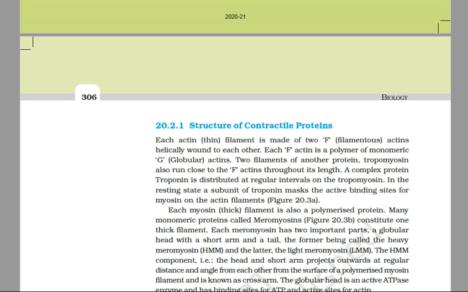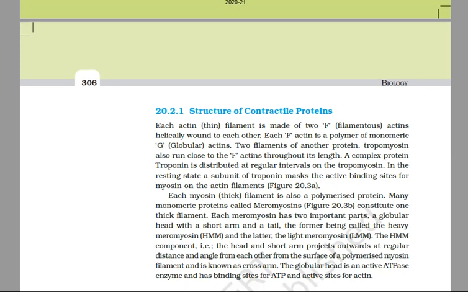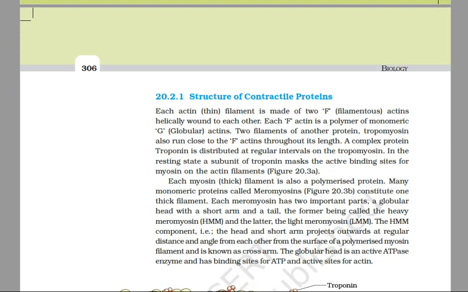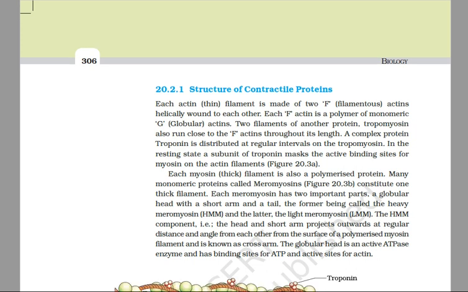The 2 light chains are also associated with each other, and they are also associated with each head. The myosin head has a special ATPase activity. That means it is an ATPase enzyme. It can cleave ATP to produce energy.